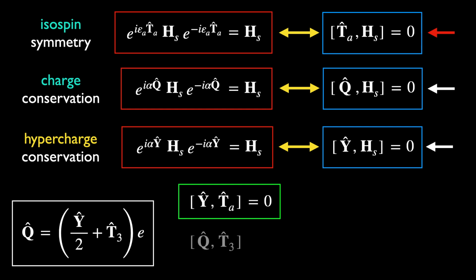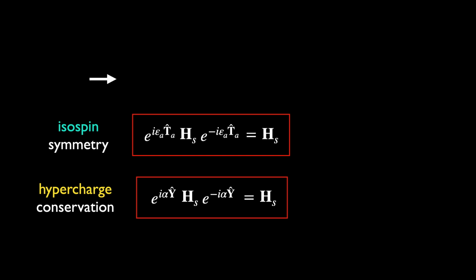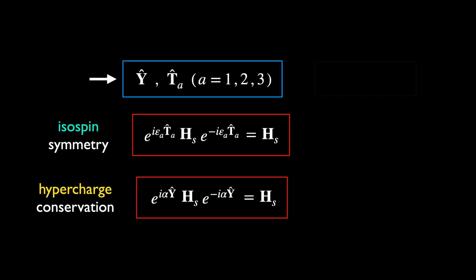Notice that Q only commutes with T3 but not with T1 and T2 by the charge formula. This is also apparent by the fact that the particles in an isospin multiplet all have different charges. At this point, we simply have two sets of independent symmetries which commute with each other.